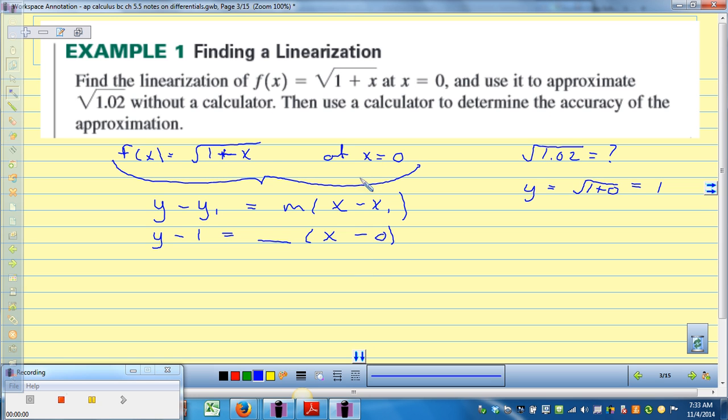All right, and now how do I get my m? I get my derivative. So my derivative, f prime of x, is going to be 1/2 times 1 plus x to the negative 1/2 times 1. Do I put it in the equation in this form? Nope.